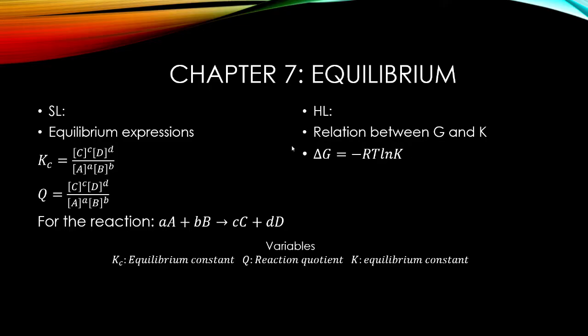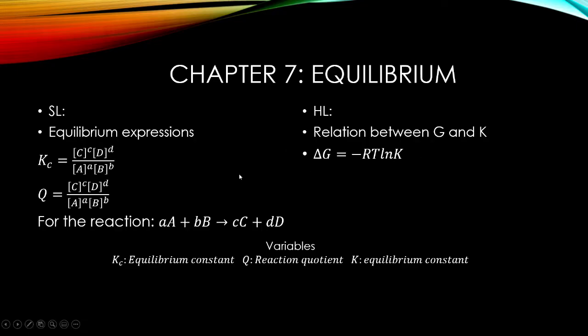And it's clear from this equation, because delta G is also only dependent on T and properties of the reaction, namely enthalpy and entropy. So the K value only depends on temperature, which is clear from this equation.